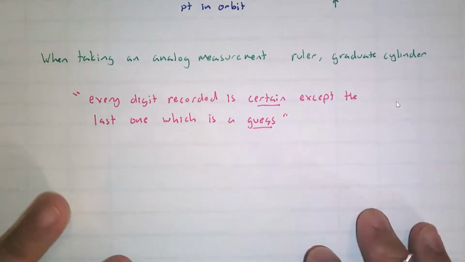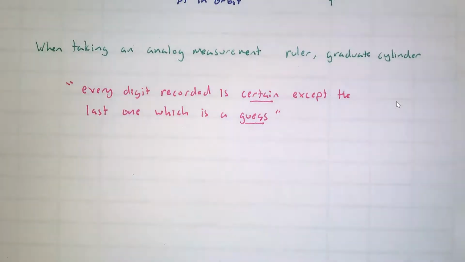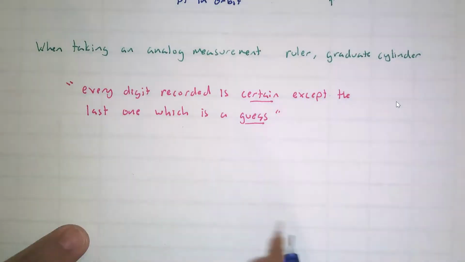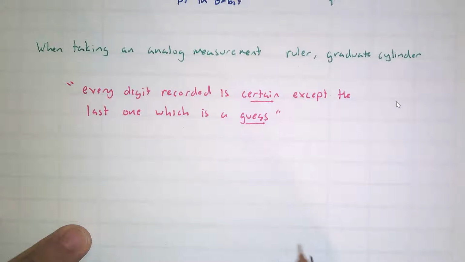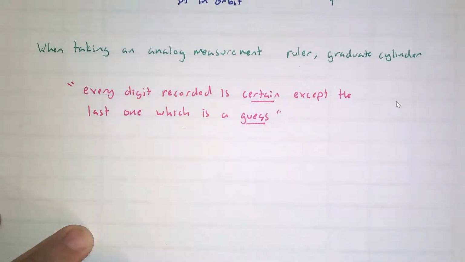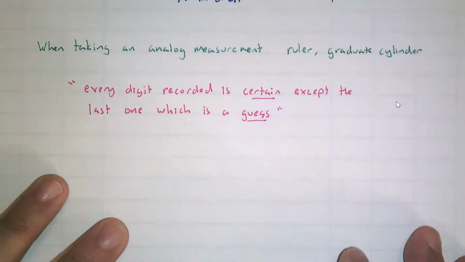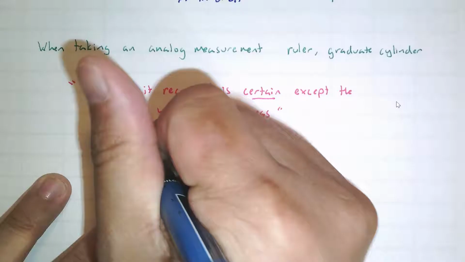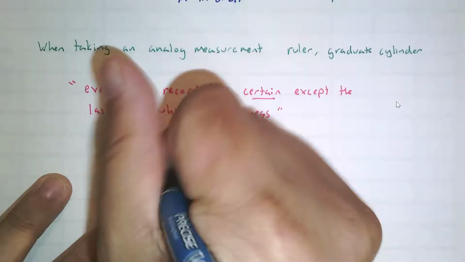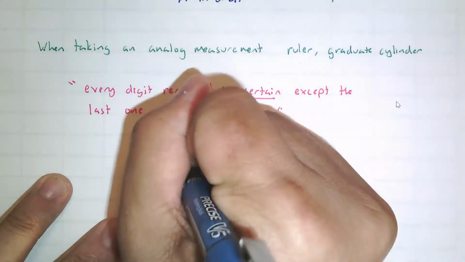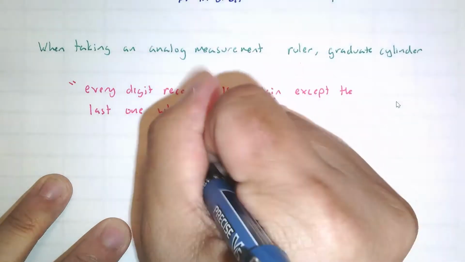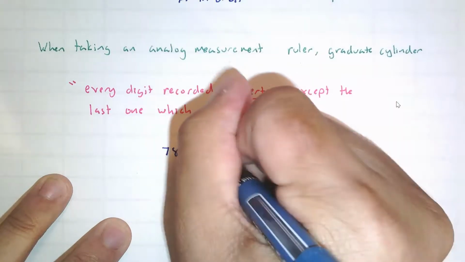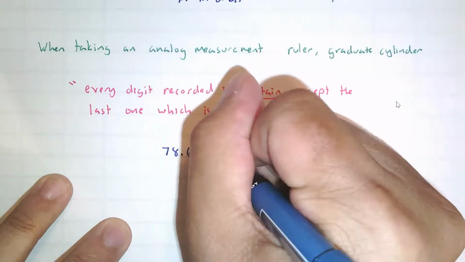For instance, forget about the ruler and the graduated cylinder. Let's say we have a thermometer, and the temperature that I see recorded in a notebook is 78.62 degrees Fahrenheit.